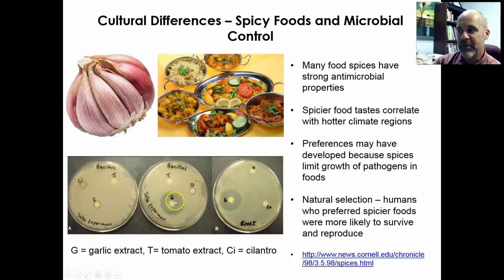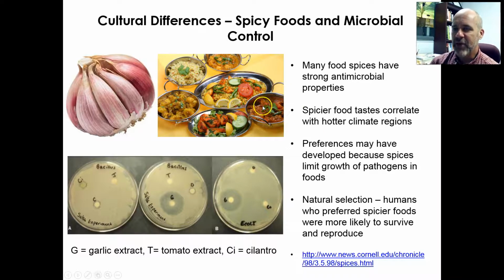I've got it labeled there with a G. And you notice there's a big clear zone around that paper disc. That's called a zone of inhibition. So there are chemical compounds in that garlic extract that diffuse out into the agar, and they prevent this bacterial organism that's in the Bacillus genus from growing anywhere near that disc. So garlic has some pretty good antibacterial properties.